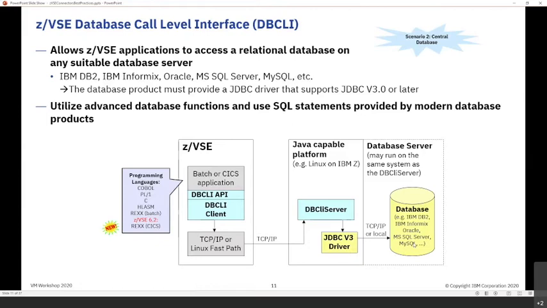And because the JDBC driver is a standard, it basically can access all kinds of databases. So it doesn't really matter whether it's DB2 or Oracle or Microsoft SQL Server or whatever. As long as the database provides a JDBC driver, it can be used. And by that, you can have SQL-type access to any kind of database that sits somewhere in your environment.